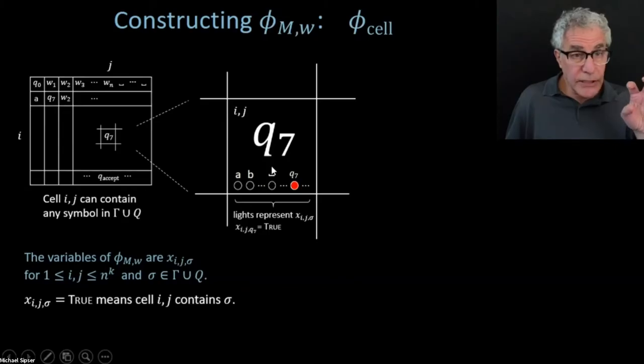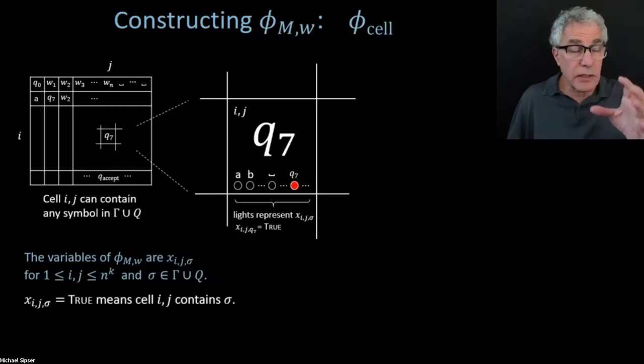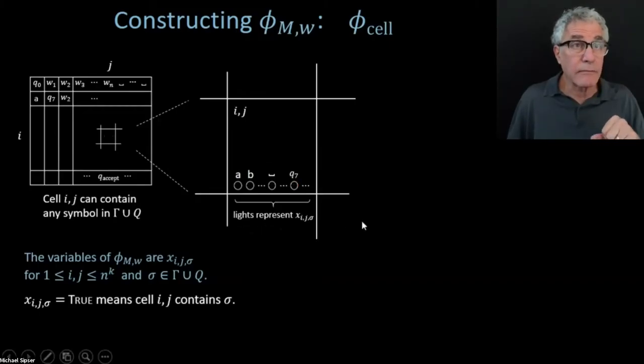We want each cell to have exactly one symbol, and that corresponds to each cell having exactly one of its lights turned on, or equivalently, each cell should have exactly one of the variables be true. That's the very first part of the formula. So let me show you what that looks like.